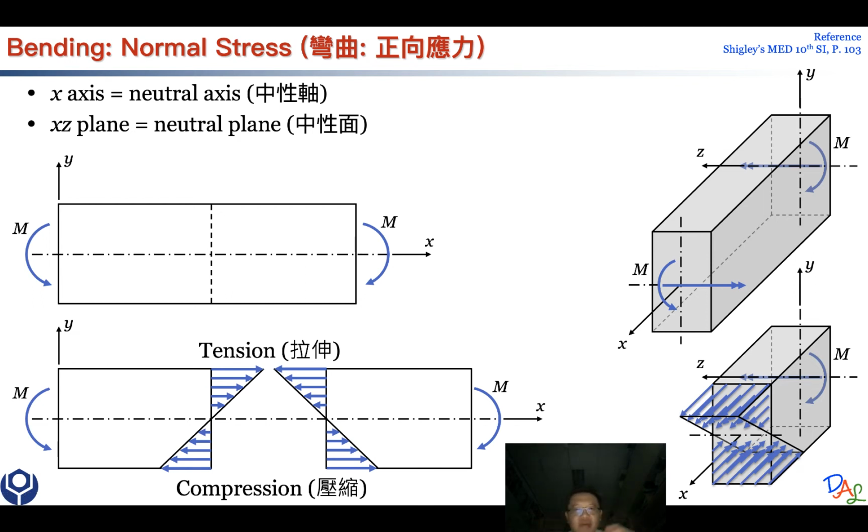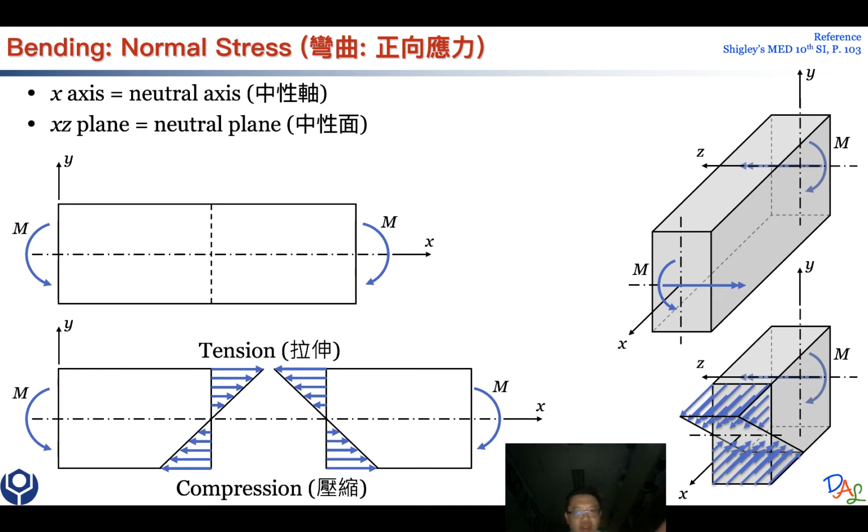So let's forget about the z direction. Let's focus on the xy plane, and we are applying a pair of bending moments with the symbol M at the left edge and also the right edge. The couple has the same magnitude and different direction.